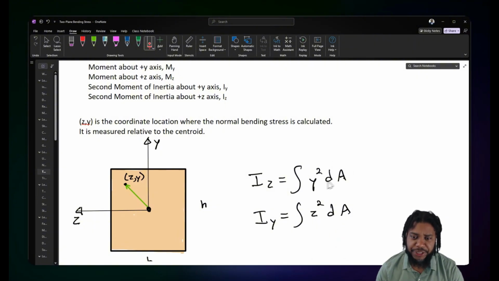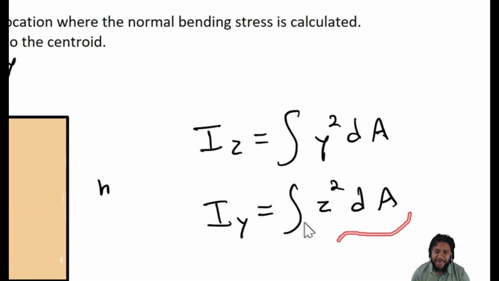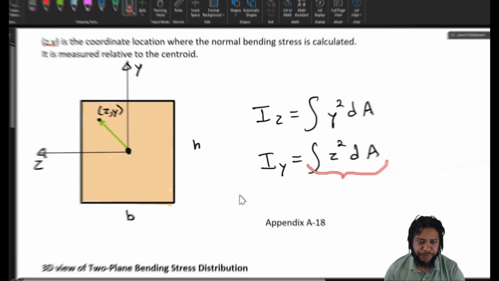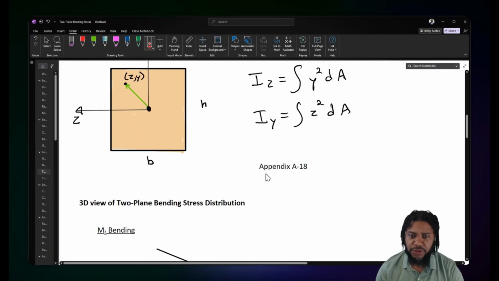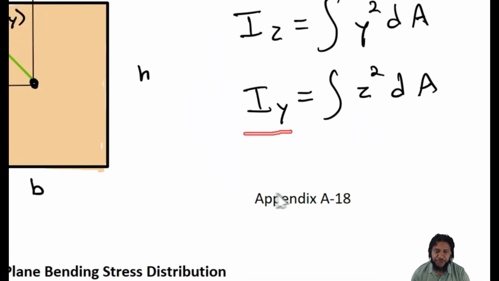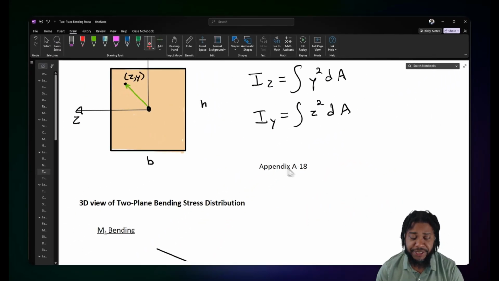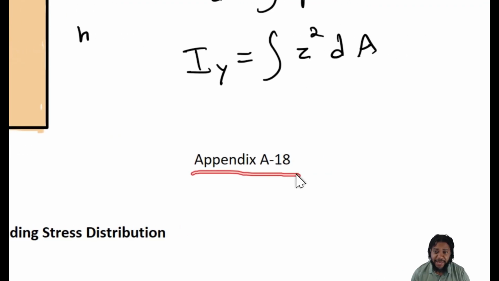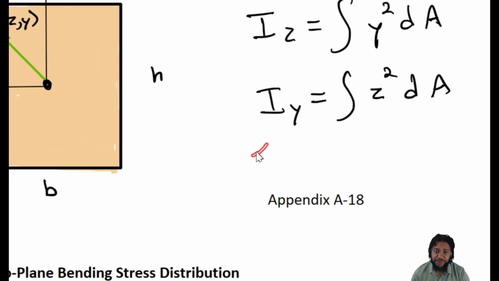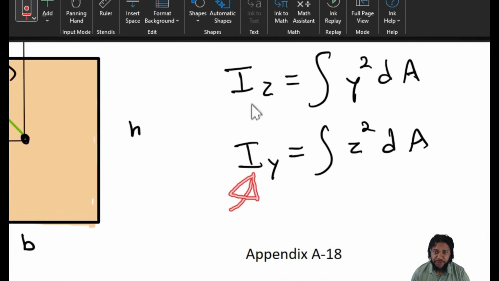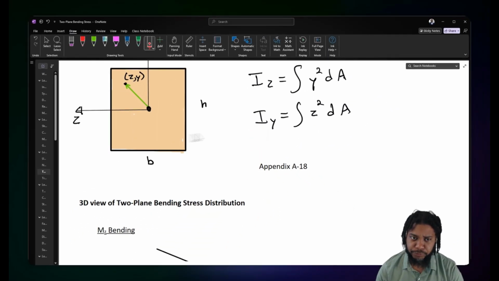Again, we'll look at some examples in class on how to actually solve these integrals. Let's also note that for simple geometry such as a rectangle, appendix A18 has many of the closed form solutions to the second moments of inertia.